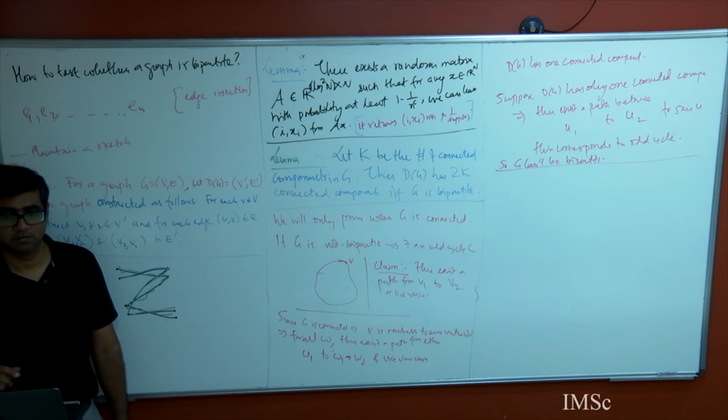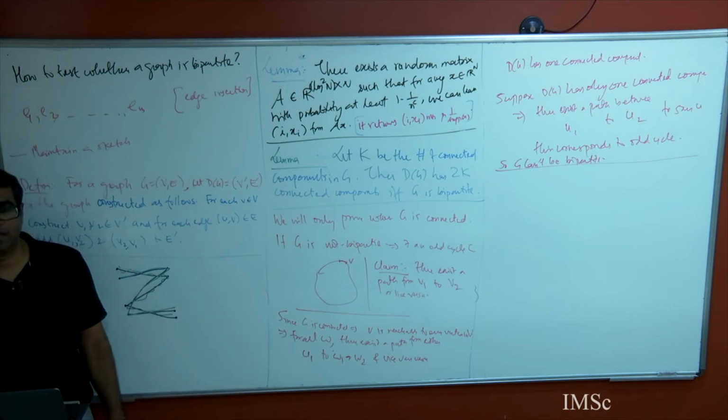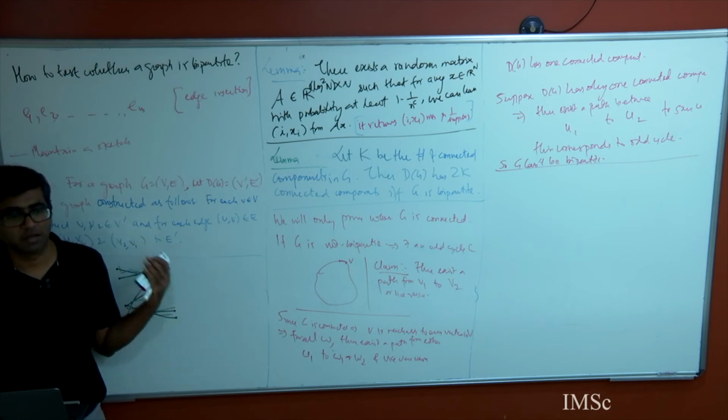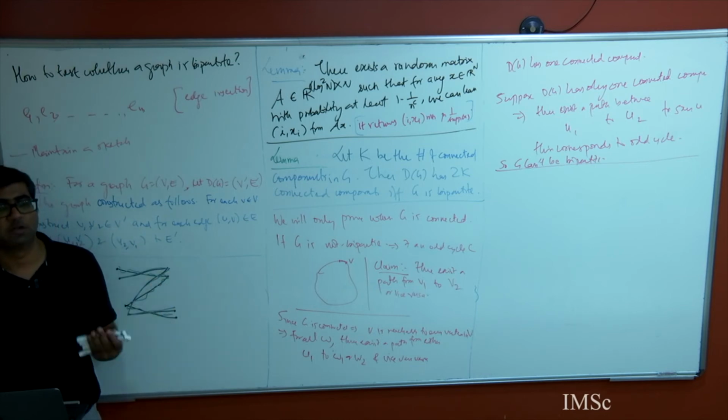What will we do? If there is edge insertion coming, can we maintain a sketch in n polylog space? That's it. So what will we store?